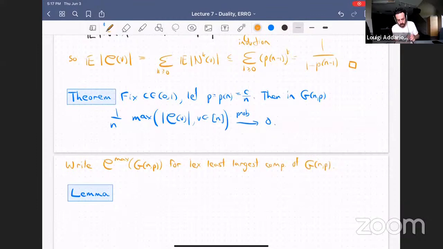What this means is: pick the connected component with the largest number of vertices, and if there's a tie, pick whichever component has the smallest labeled vertex in it. That's the tie-breaking rule: the tie break is smallest label.